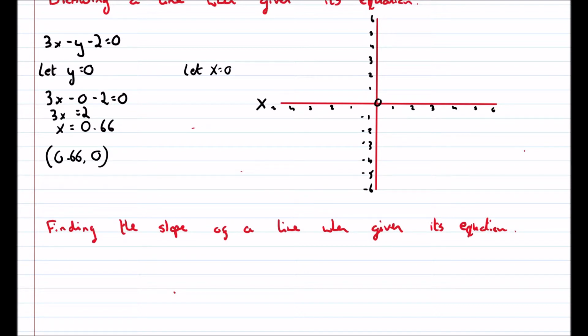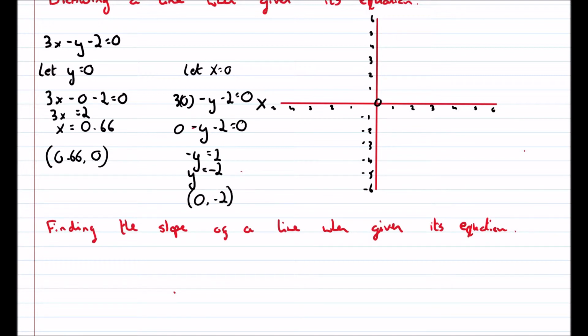x equal 0. So 3 times 0 minus y minus 2 equals 0. 3 times 0 is 0, so minus y minus 2 equals 0. Minus y equals 2, so y equals minus 2. So the x is 0 and the y is minus 2.